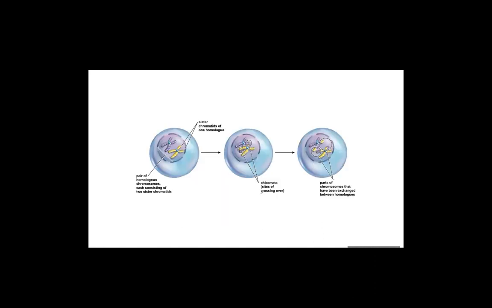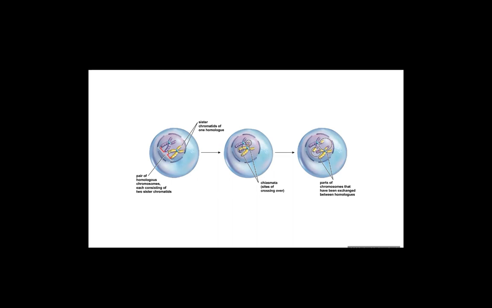So we will see. Here's a pair of homologous chromosomes, right? And each chromosome is duplicated. So here's a sister chromatid, and here's a sister chromatid. Crossing over never ever occurs between sister chromatids. Crossing over occurs between non-sister chromatids.